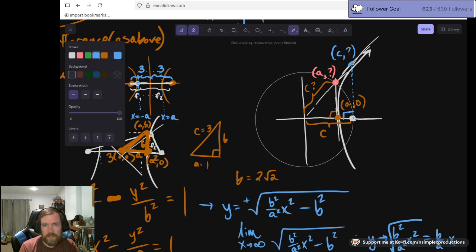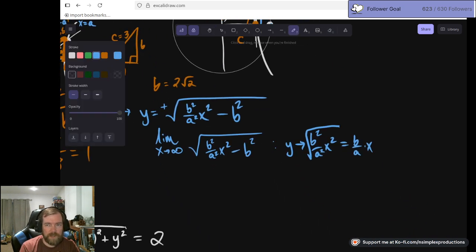Now I am saying that it is approaching these values. It is not actually that value, right?